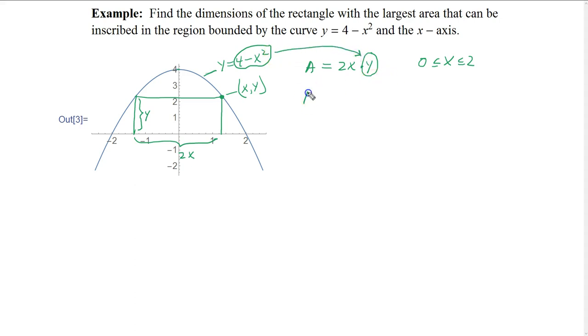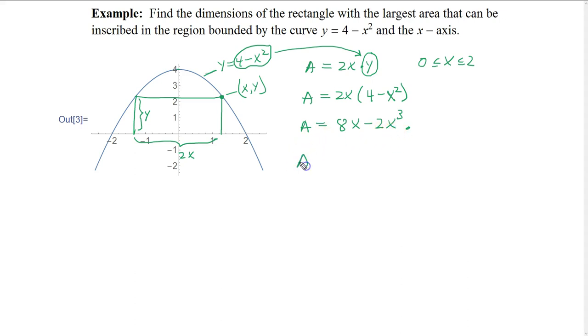And now we just have to maximize this. So let's simplify it, and now we just need to differentiate this, set it equal to 0, and that will be our solution.